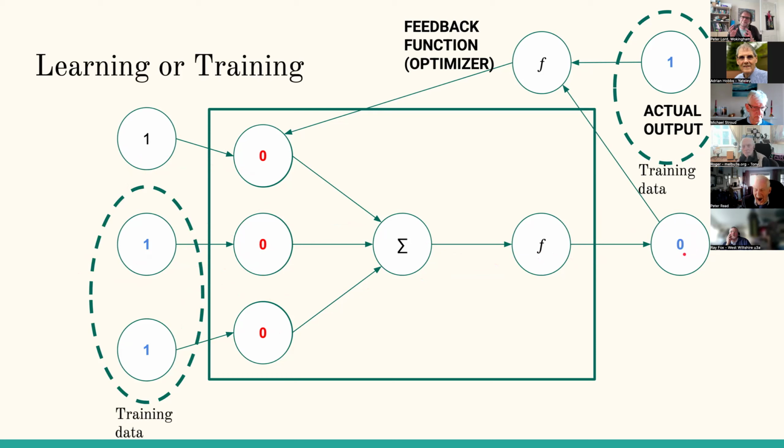However, in this particular piece of training data, we've got the wrong answer. So our untrained neuron is outputting zero when actually what we want is to output one for this particular set of inputs. So what we do is we make a comparison between the actual output and the desired output, if you like. And we've got this feedback function here.